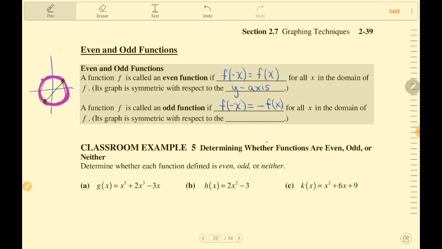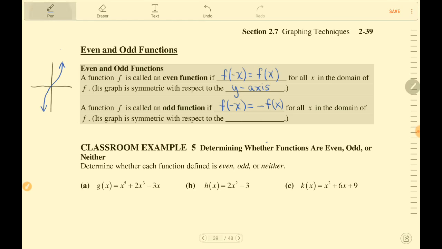Right, so you have this connection, you have this connection, and you have this connection. So it is true that equations which have both x-axis symmetry and y-axis symmetry are symmetric to the origin. But it does not work the other direction. The converse is not also true. What I mean is you can have origin symmetry, such as with the cubing function.